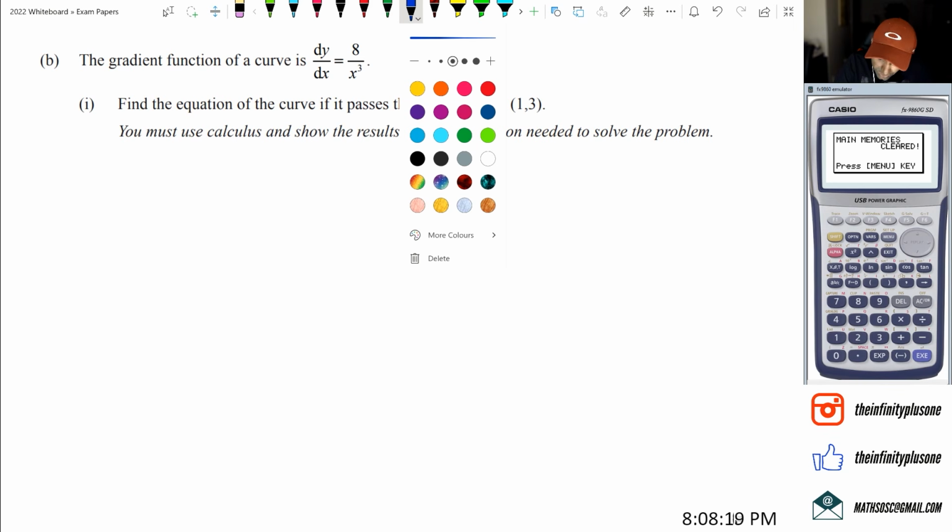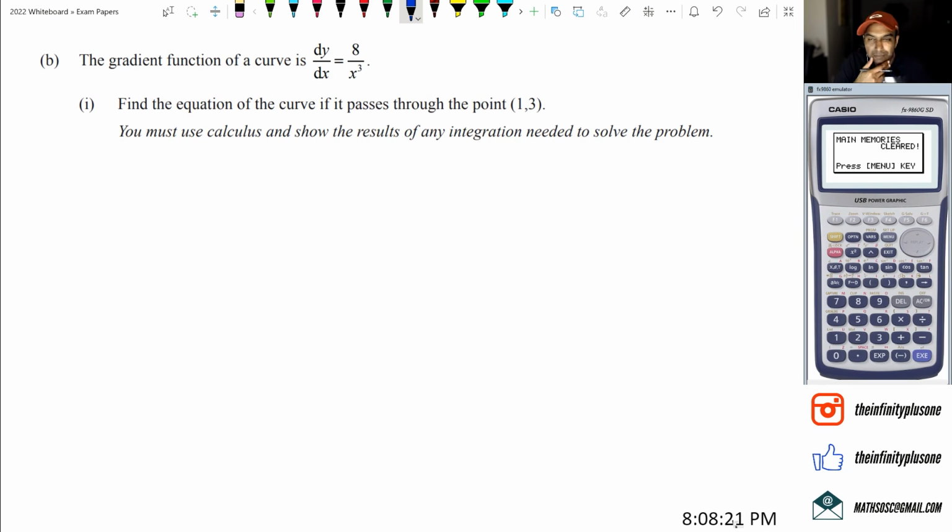Alright, so question 1B, part A, what we've got here is a gradient function being given. As I was saying in the stream before, sometimes when we see dy dx we automatically think differential equations, but in fact in this one it's just straightforward integration.